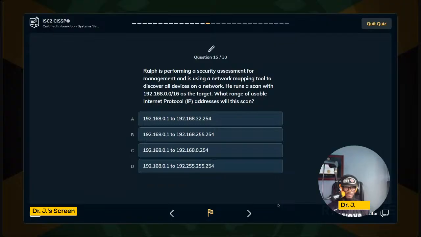Yeah, the first one is going to be unusable, dot zero. So 192.168.0.1. I could eliminate Delta because that second octet is wrong for 192.